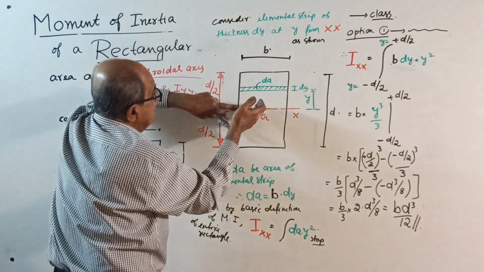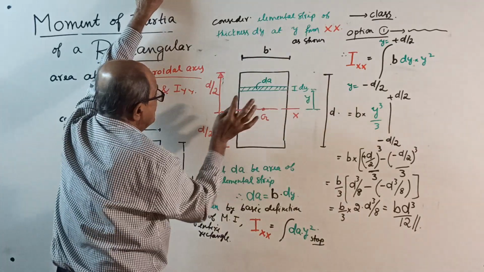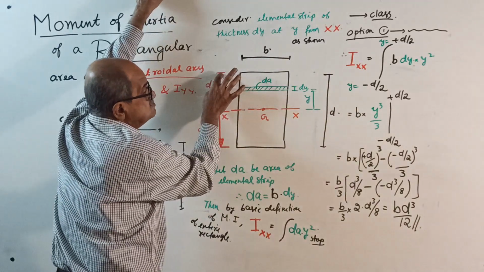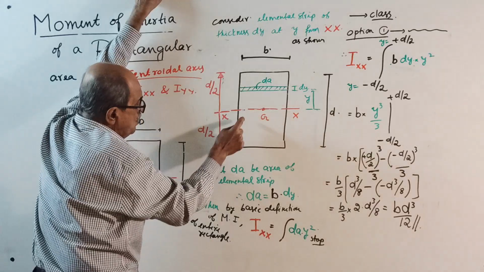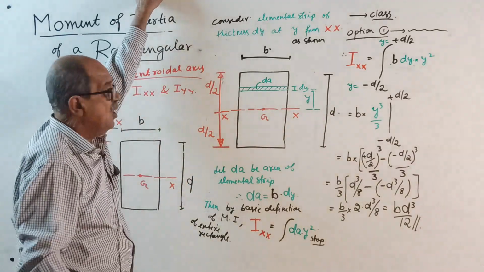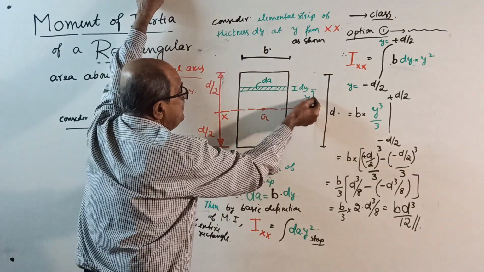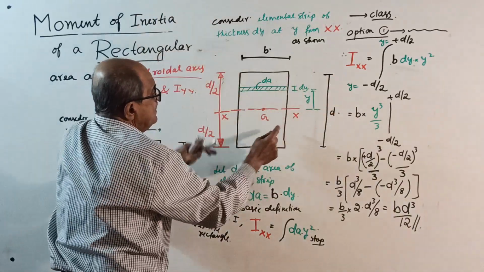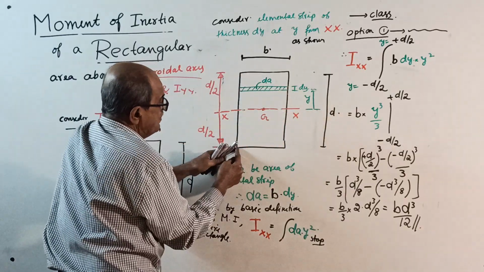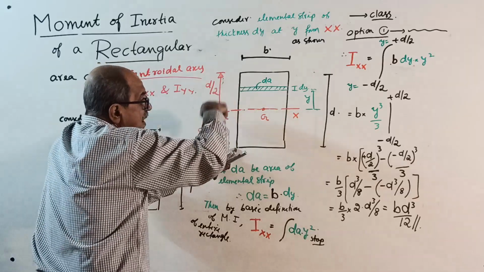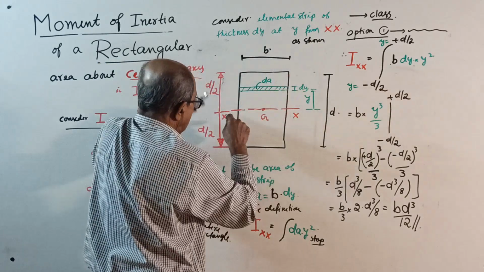If you consider strips anywhere above xx, your y varies from 0 to d by 2. Whereas if you take y this way, it varies from 0 to d by 2. Or if you consider the entire rectangle, mathematically, we want the rectangle to start from here to here. So starting from here, y equals minus d by 2, because we are taking y above xx as positive and this below as negative.